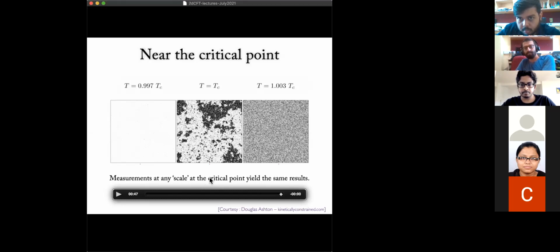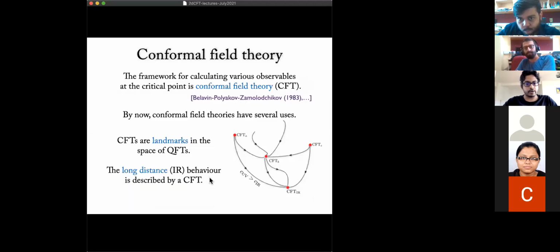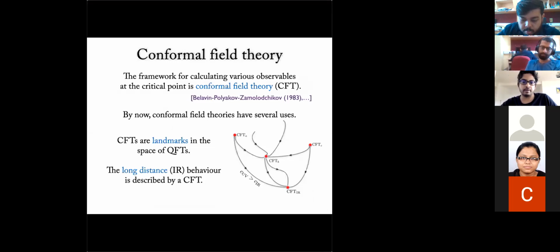Okay, so by now CFTs have several uses. Namely, they form landmarks in the space of quantum field theories, in the sense that you can think of the space of quantum field theories as CFTs plus their deformations.